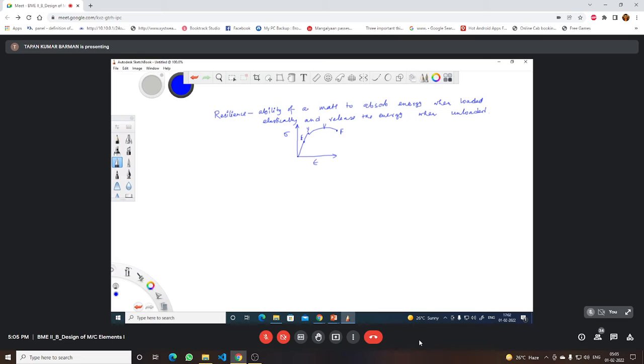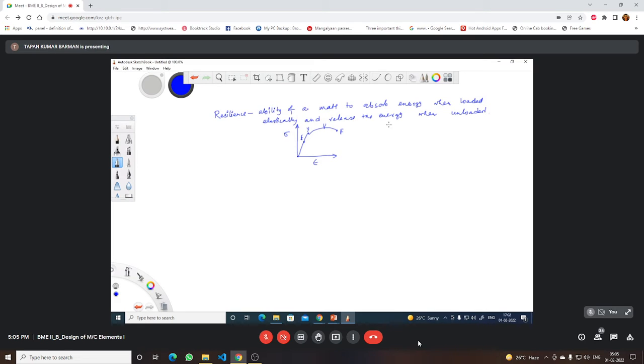So that is basically strain energy. But when the strain energy nature is elastic, or when the load is applied up to the elastic point, when the load is withdrawn, the material will regain its original shape and size. So that energy will be released. So that property is basically called resilience property.